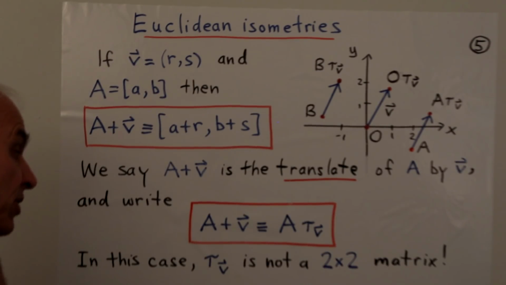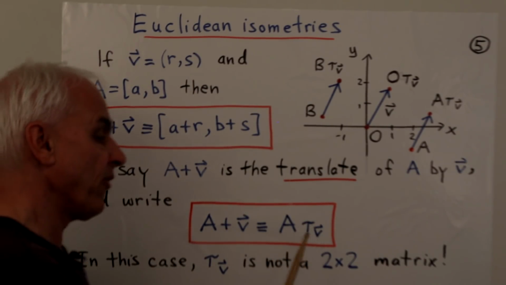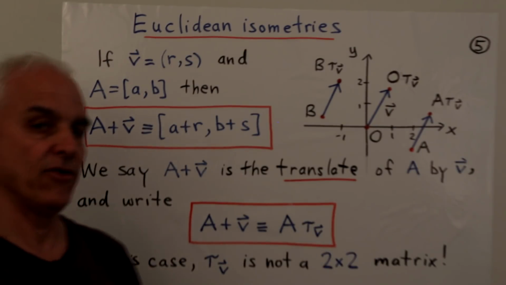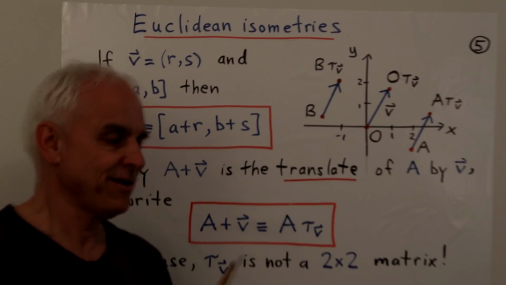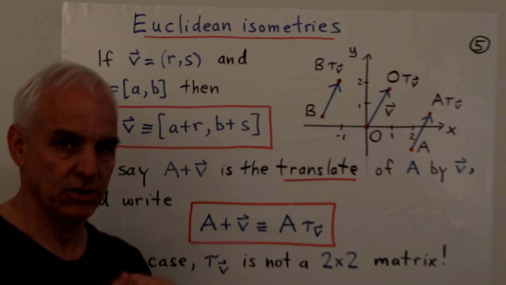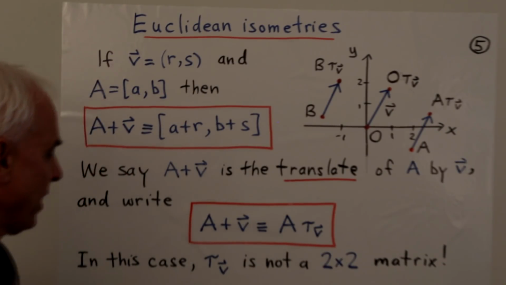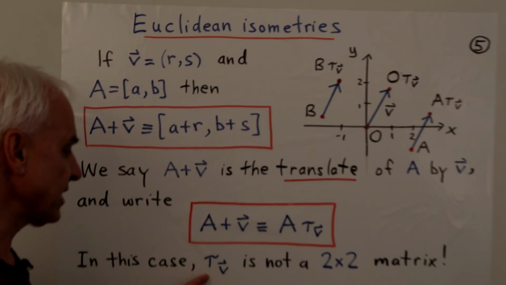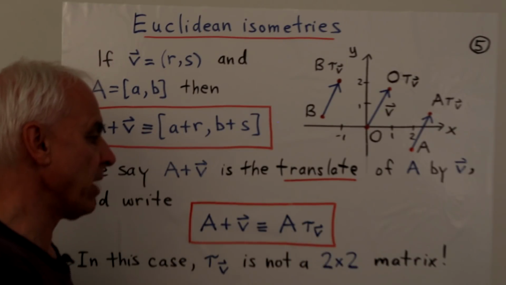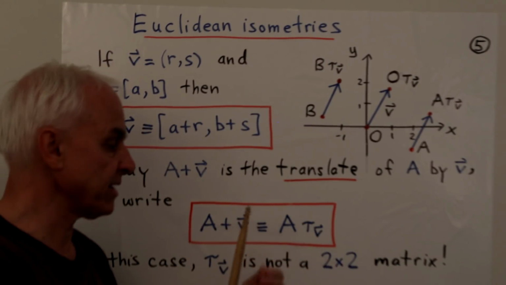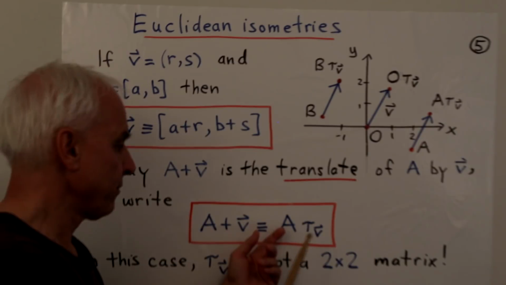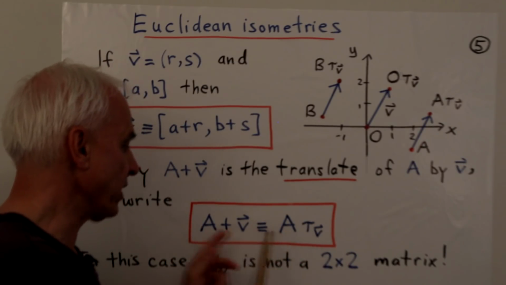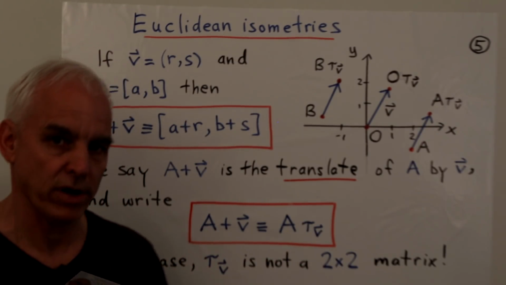Now in this case, we're used to these symbols also being interpretable as 2 by 2 matrices. We're not going to be able to do that here for translations. So just note that in this case, this is not to be interpreted as a 2 by 2 matrix. It's just a symbol at this stage, which we agree combines with a point to give this translated point.